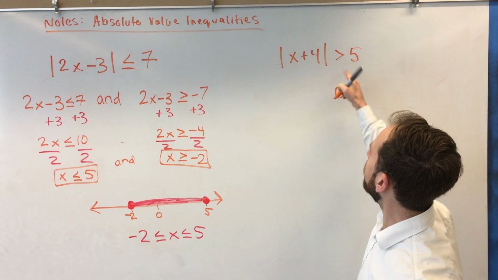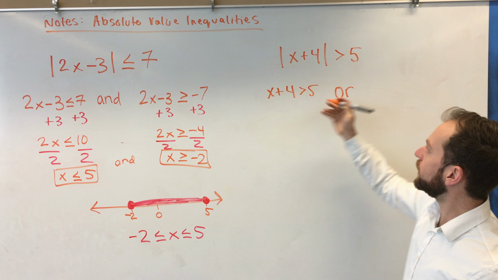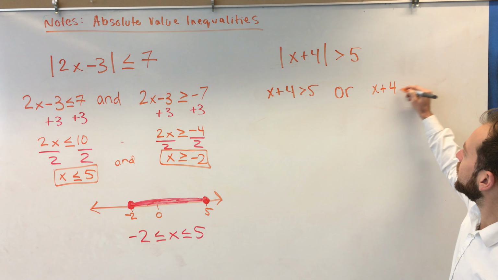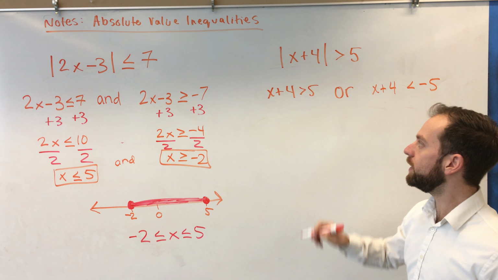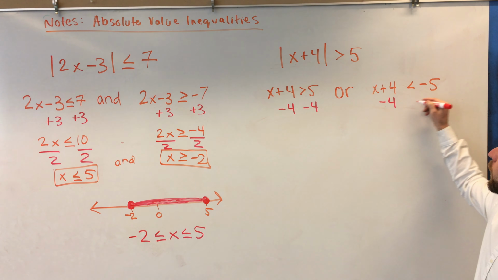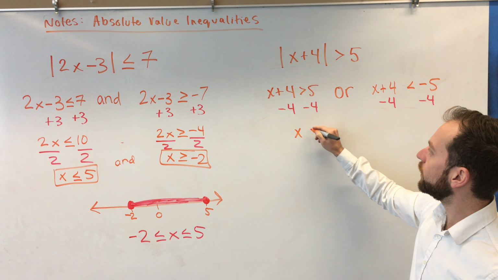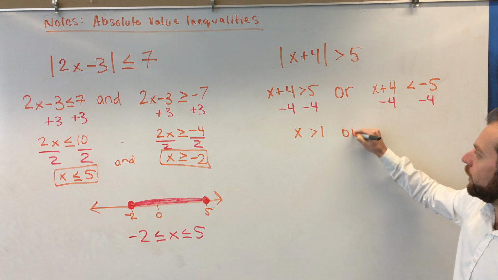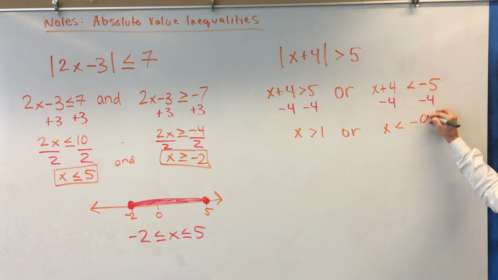So x plus 4 is greater than 5, or the opposite, x plus 4 is less than negative 5. Let's solve both of these. Subtract 4 from both sides because you want x by itself. And you'll have x is greater than 1, or x is less than negative 9.